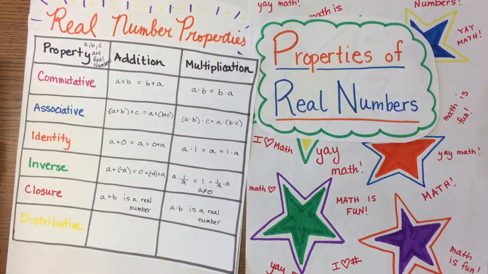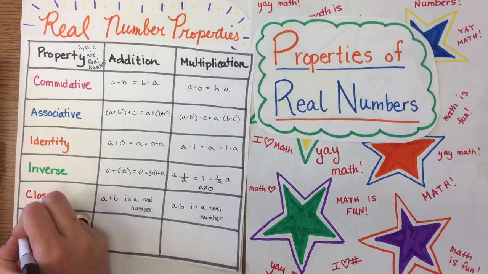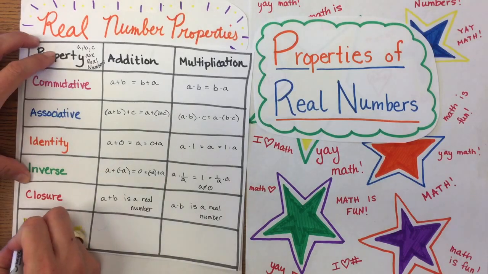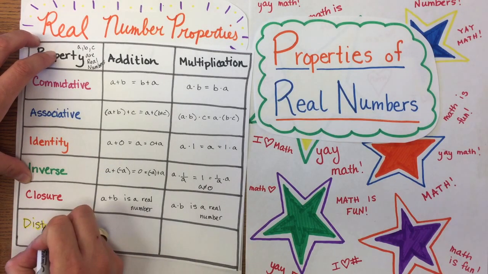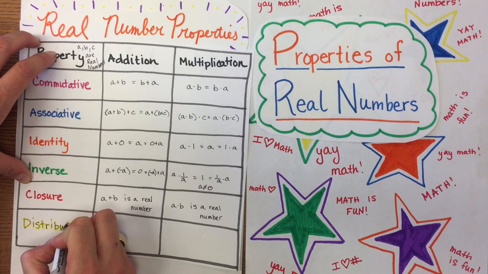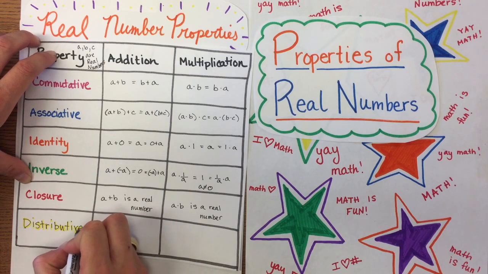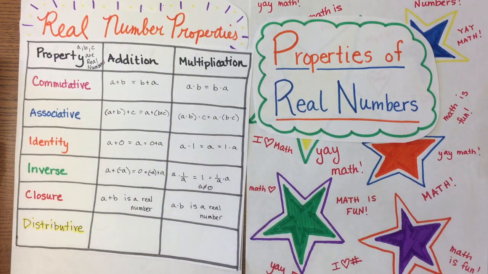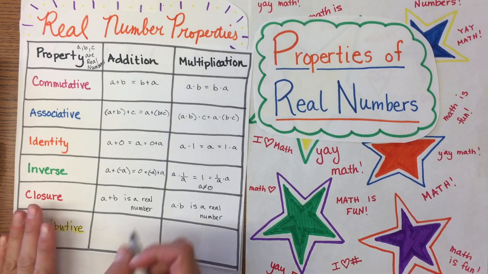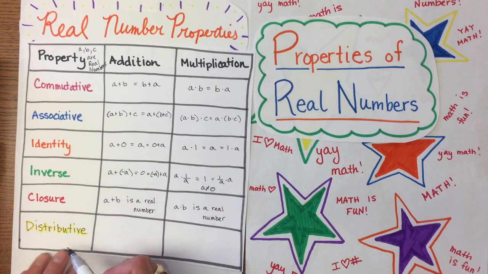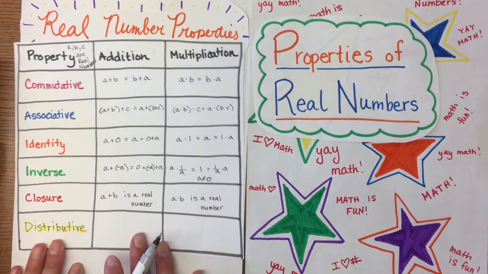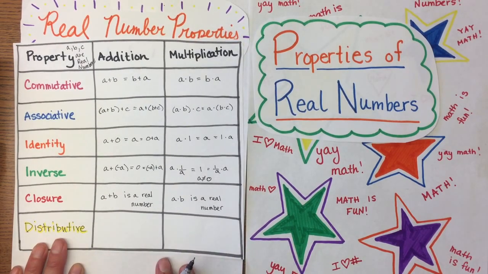Our last property we're going to look at is the distributive property. The distributive property is really for addition and multiplication. It's not the distributive property of addition or the distributive property of multiplication. It's just the distributive property.